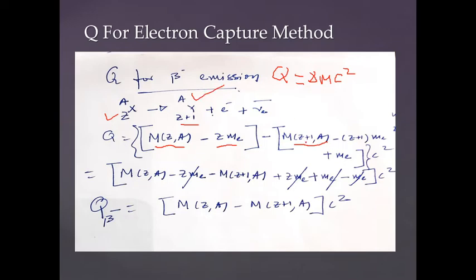If there are Z plus 1 protons, there are going to be Z plus 1 electrons, because an atom is always going to be neutral. So this is Z plus 1 Me which has been subtracted, plus this extra electron, so I have written plus Me. If I just rearrange the terms, I get MZA minus MZ plus 1 A, times C square.